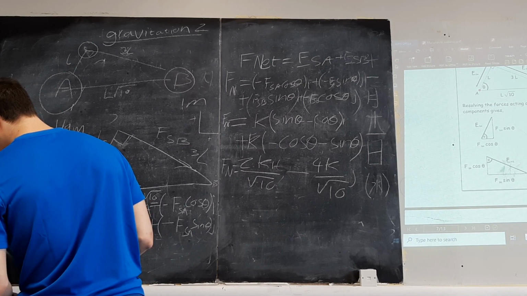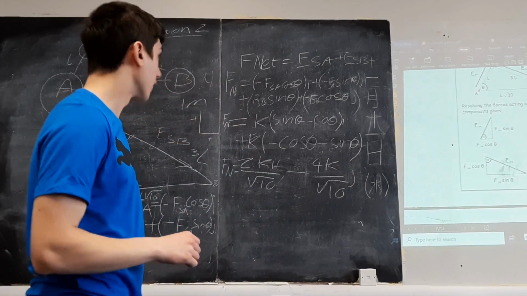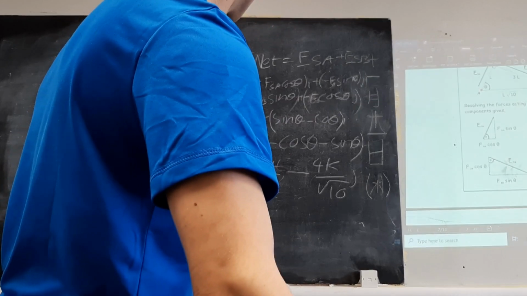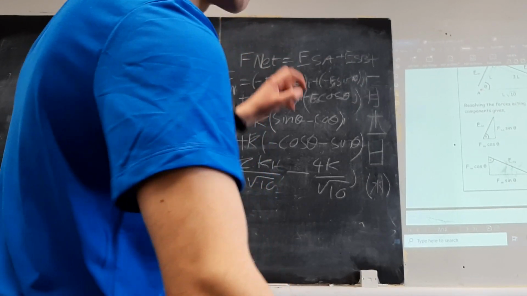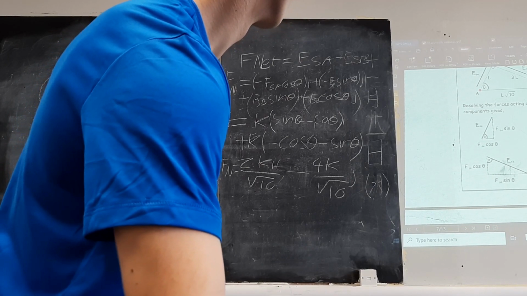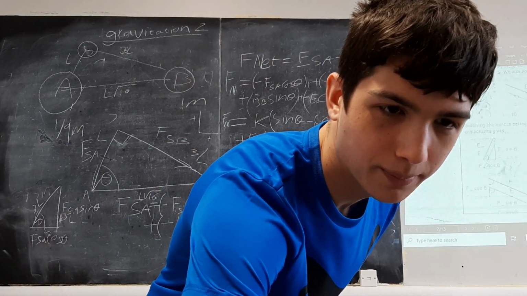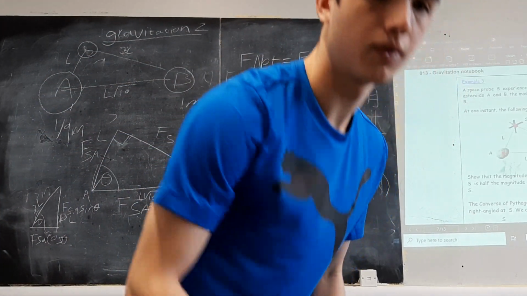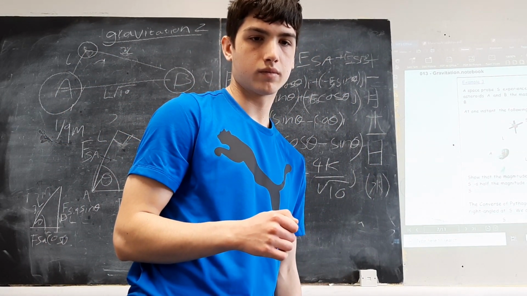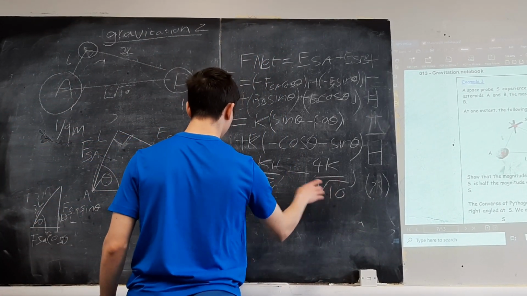So we have these, but the question mentioned 2k over root 10, yeah, and components. We're using magnitudes, so we have to convert both of these into magnitudes.